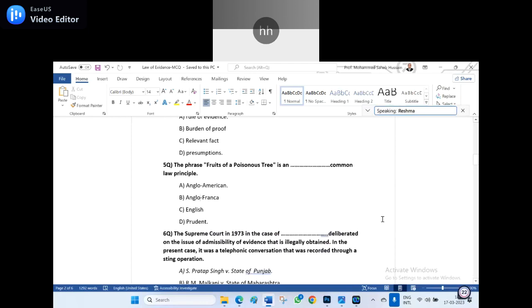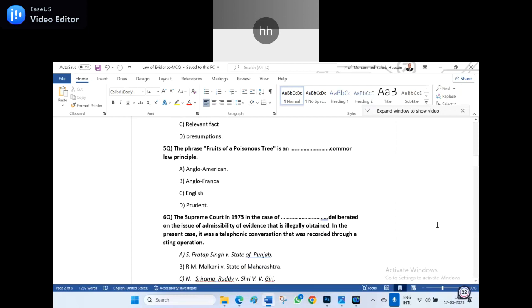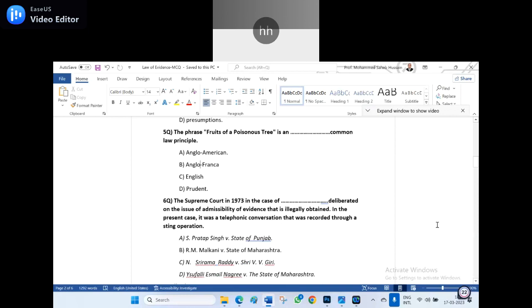Sixth question. The Supreme Court in 1973, in the case of dash, deliberated on the issue of admissibility of evidence that is illegally obtained. In the present case, it was a telephonic conversation that was recorded through a sting operation against the wishes of the party. That is the fruits of the poisonous tree. So the case law is A, S. Pratap Singh versus State of Punjab.